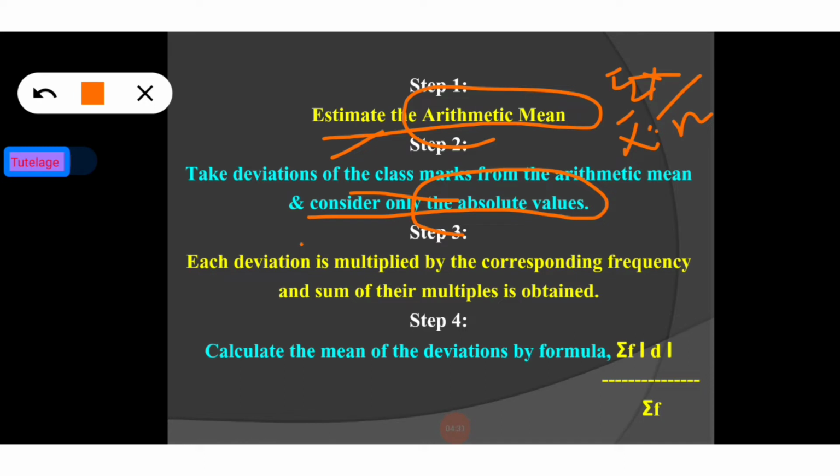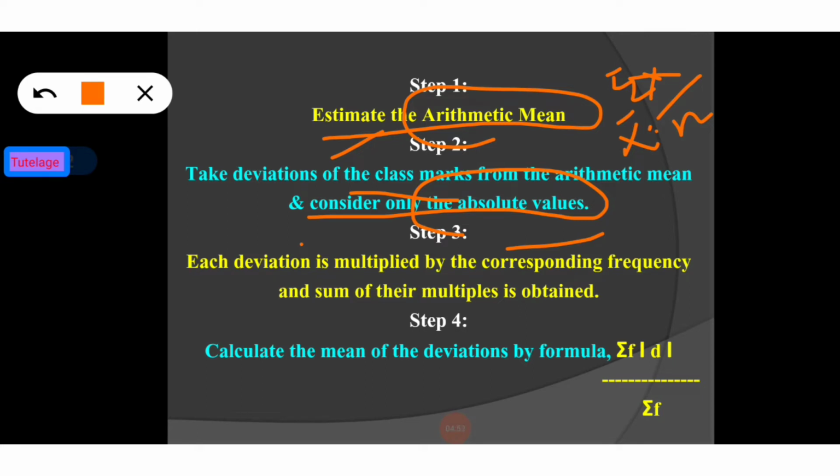So we always consider only the absolute values in the calculation of the mean deviation.